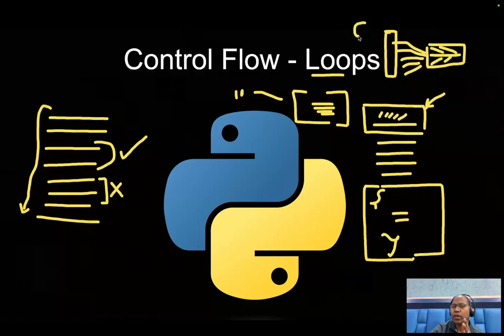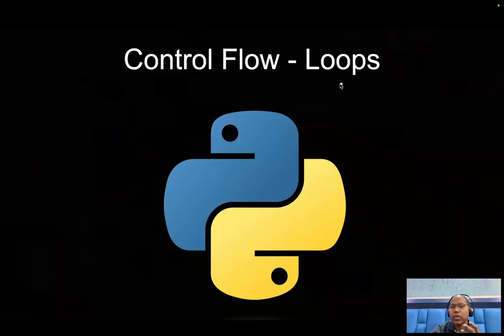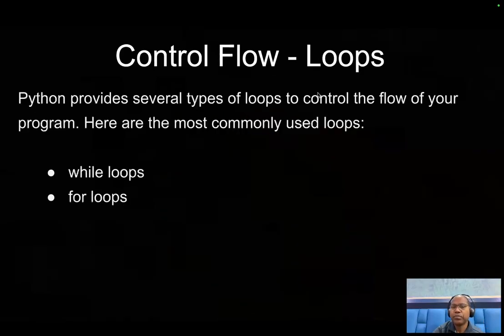Somehow we have to apply the condition. If the condition is true, you are going to execute the code. If the condition is false, you don't. So this is the concept of the loop. Every programming language has a concept of loop. So if you are already aware of any other programming language, it's very simple for you.